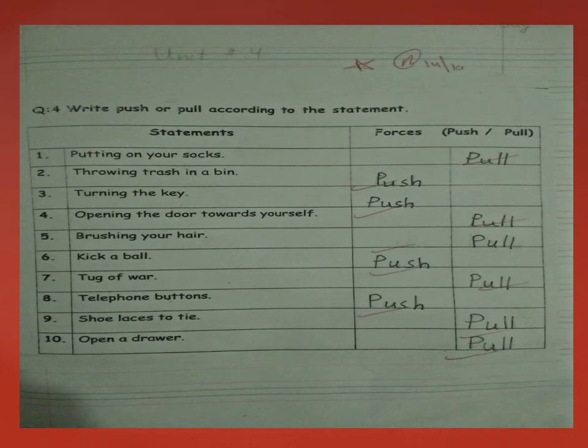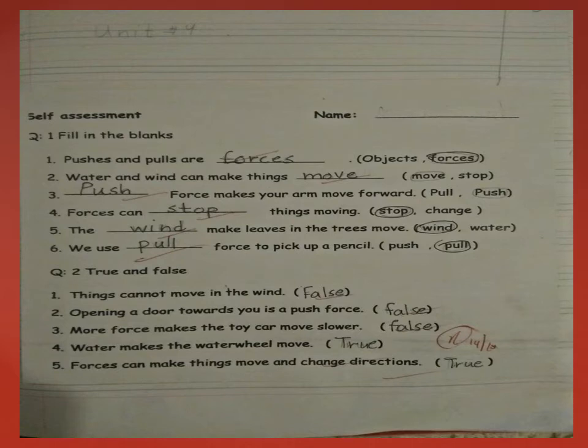Now come towards the last worksheet which we had done. Okay class, so this is our last worksheet which we had done in our copy. Also class, I want to tell you that I have taken 2 tests of unit 4. The first test was of workbook 4 pages which we had done of unit 4, and the second test was about textbook pages of unit 4 from page 53 till 65.